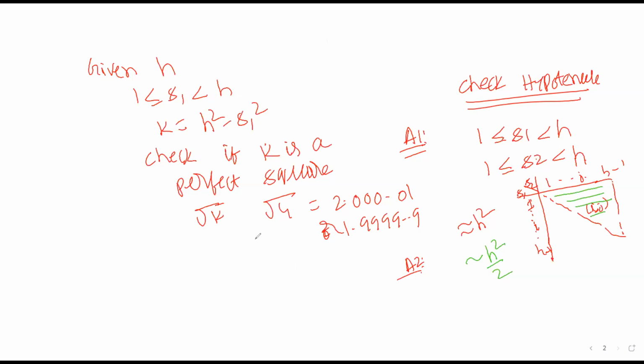Yeah, so are you with me? Because of the representation issues, there are approximations coming in. The representation of 2.0 itself is an approximation. 2.0 may not be exactly represented in the computer, so it will be an approximation, and when you compute square root, again an approximation will come in.